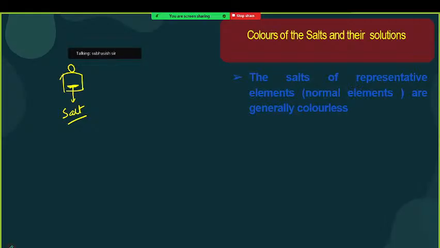If you have some conception that copper salts are generally blue or green in color, or that iron salts, ferrous or ferric salts, are generally yellow or brown, then when you get a sample, just see its color.